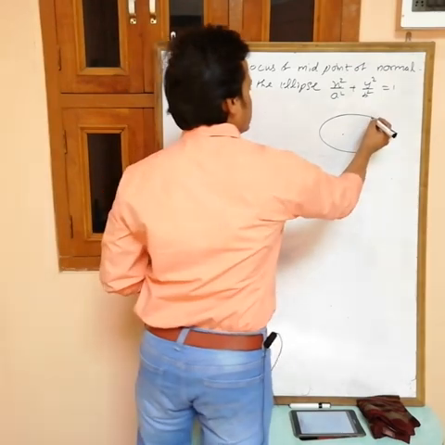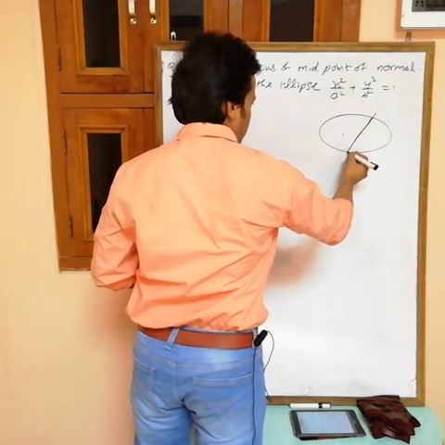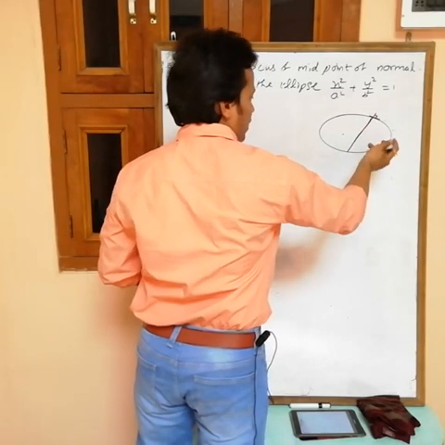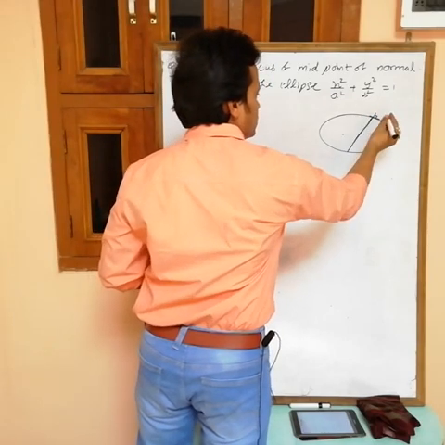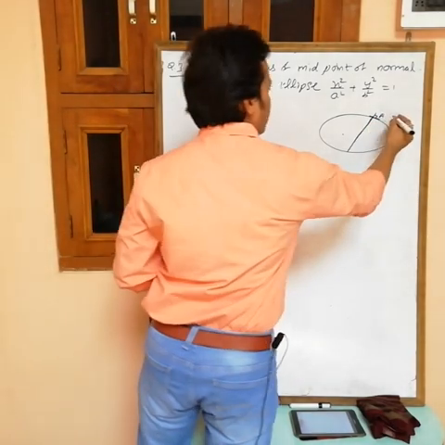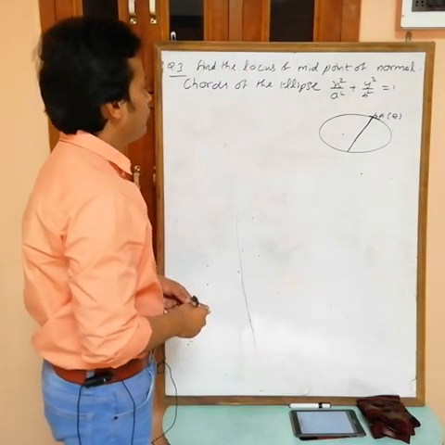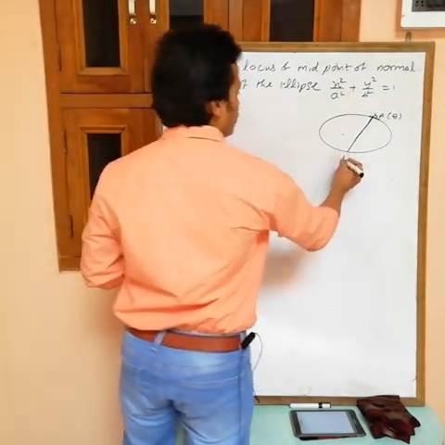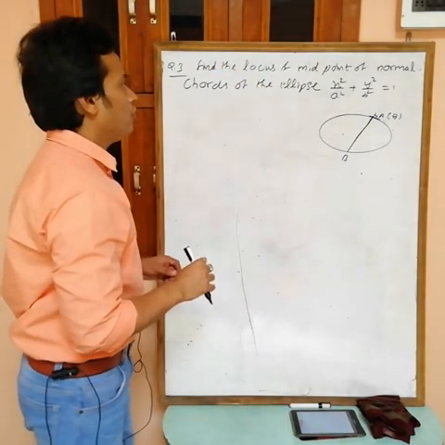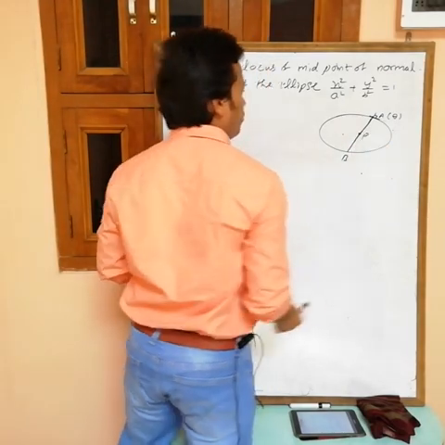So suppose this is the normal chord joining 2 points, and this is normal at A. It means the angle between the tangent and this line is equal to 90 degrees. Normal at A, and suppose the parameter of this point is theta. So this is the chord AB which is normal at A. So this one is the normal chord. We want the locus of the midpoint of this chord. Suppose this is the midpoint, we want the locus of this one.